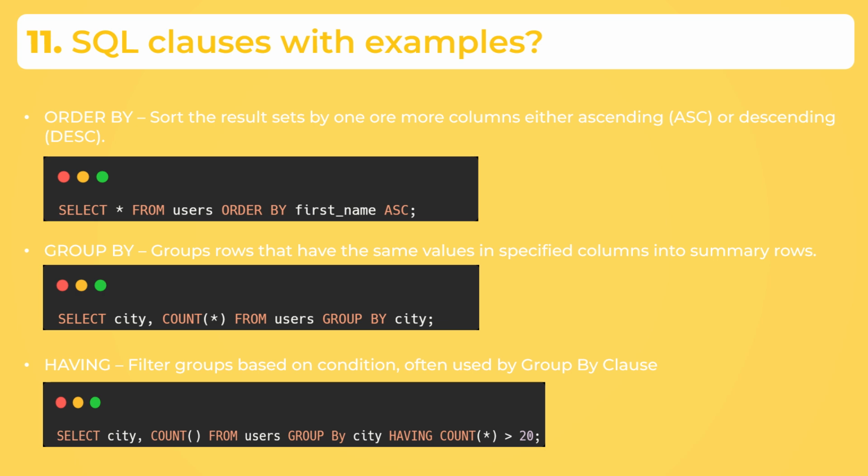Take the example: select city, count(*) from users group by city having count(*) > 20. This statement returns all the city names with their total counts where the count is greater than 20. If the count is less than or equal to 20, those rows are skipped.